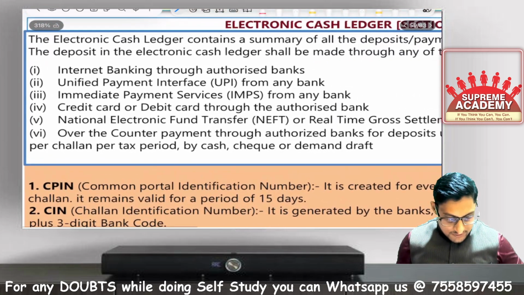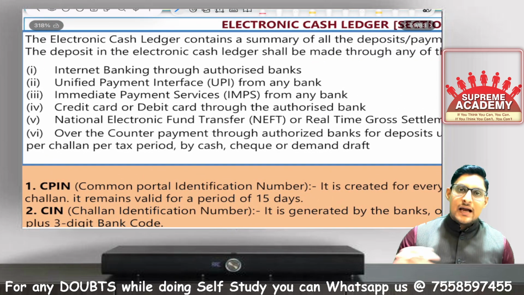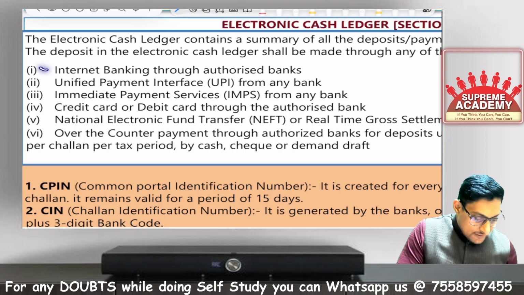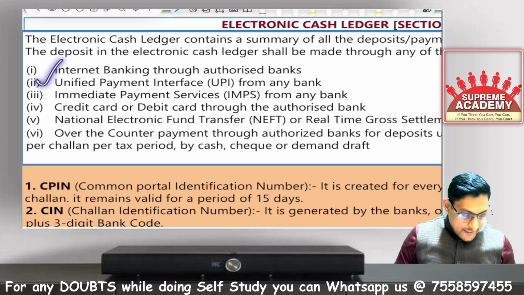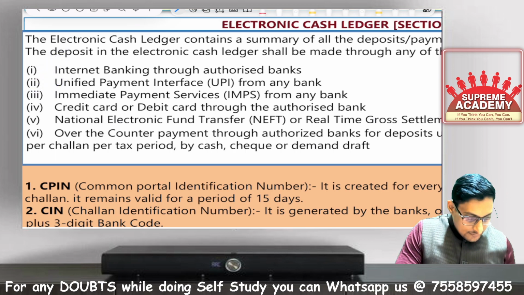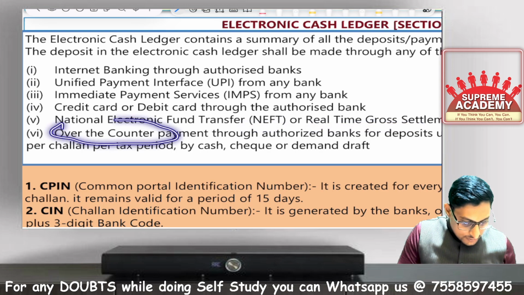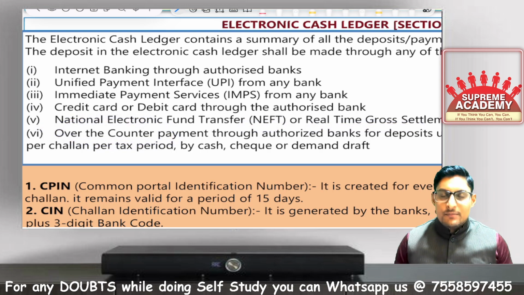Sir, what are the sources through which we can deposit an amount in the electronic cash ledger? We can deposit by way of internet banking, UPI, IMPS, credit card, debit card, NEFT or RTGS, and over the counter payment. Over the counter payment means going to the bank and giving cash, check, or demand draft.